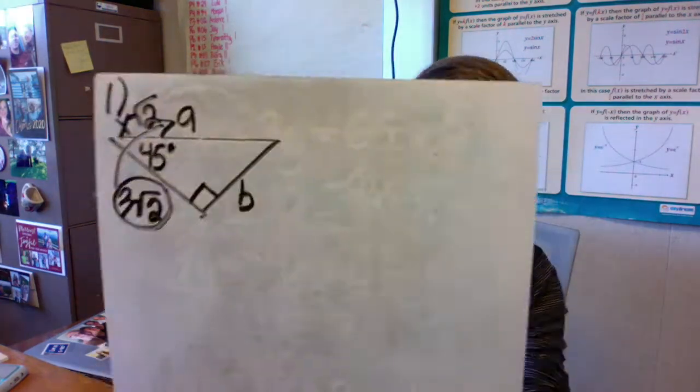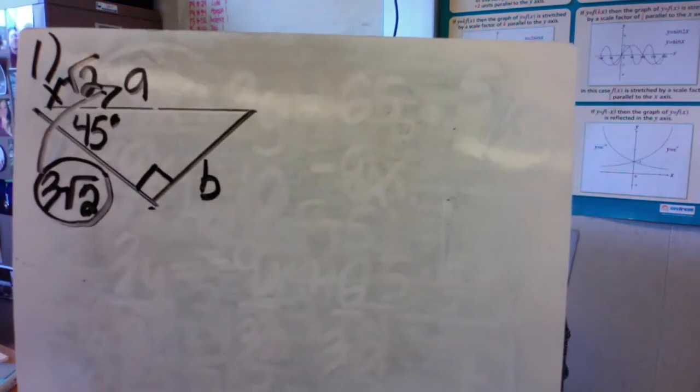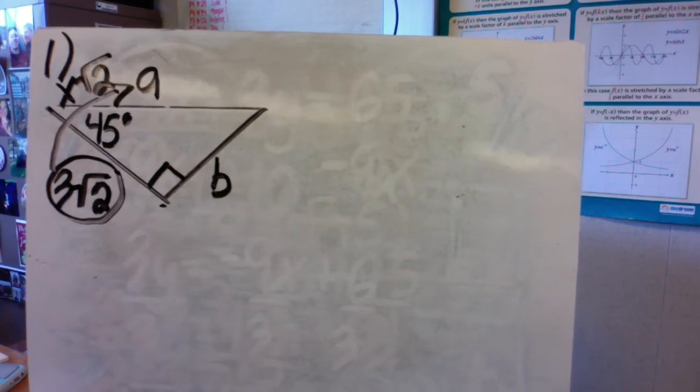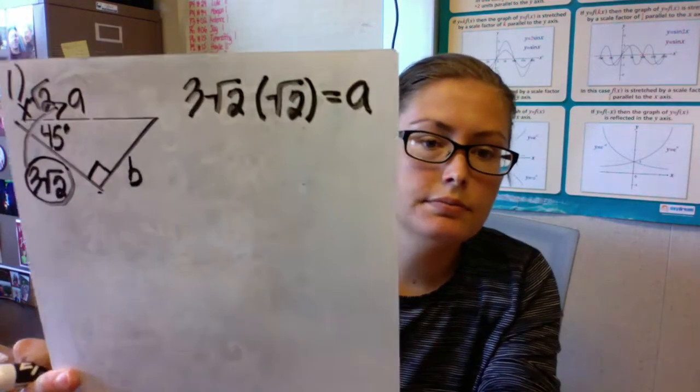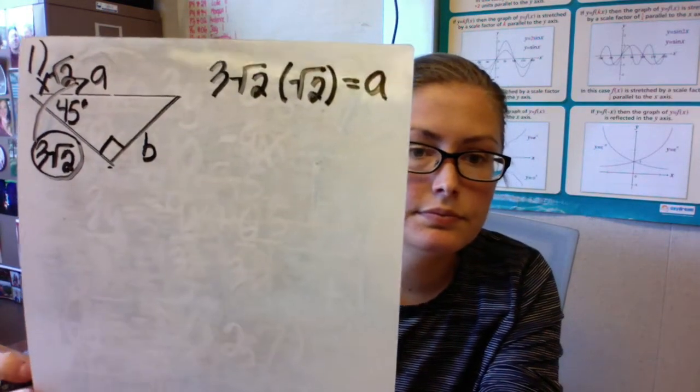We're going to take the side we know and we're going to multiply by the square root of 2. So 3 square root of 2 times the square root of 2 and equal our a.